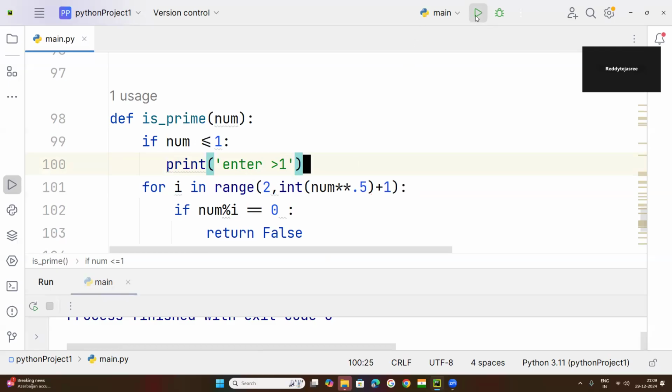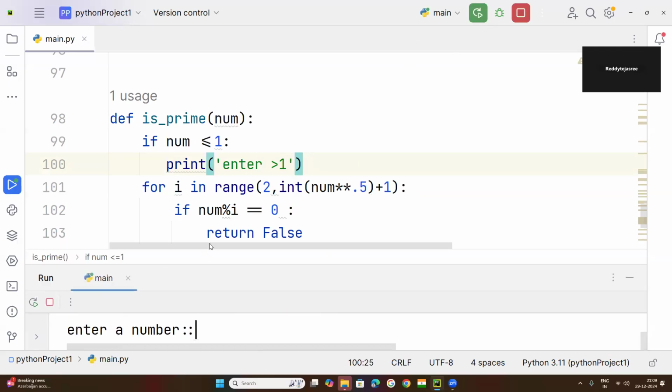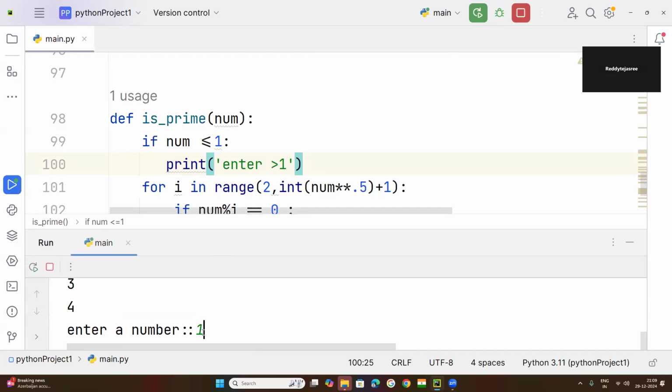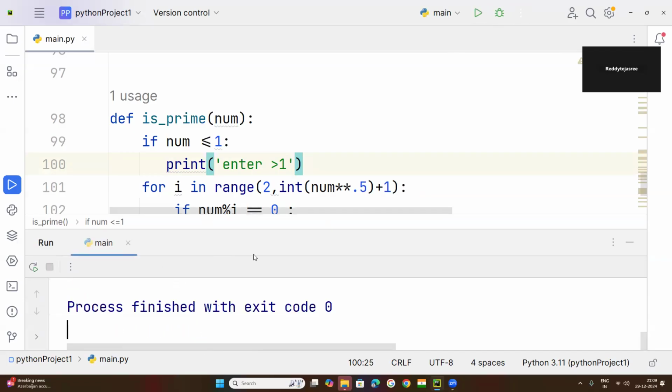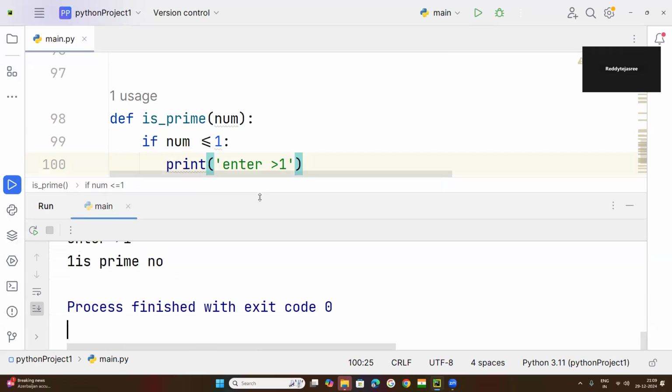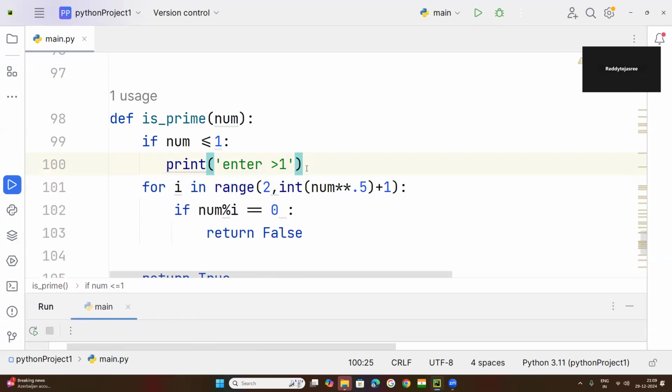So let us see what happened. Enter a number 1. 1 is a prime number.